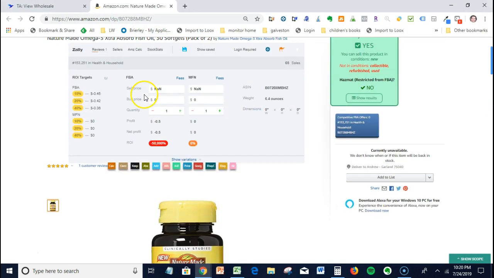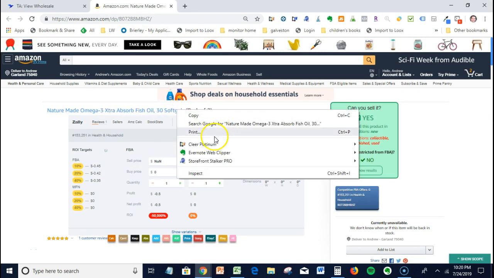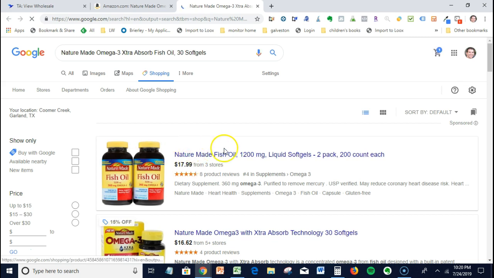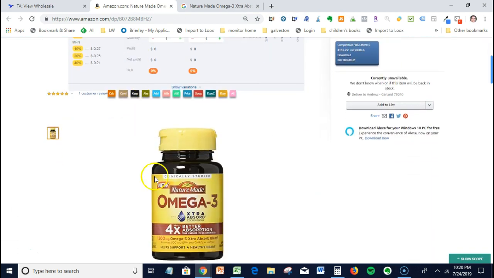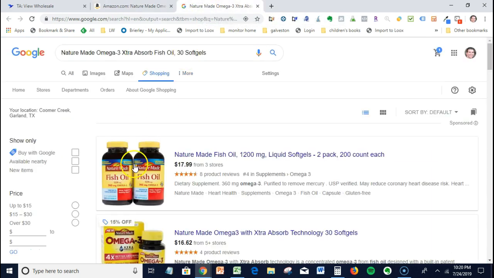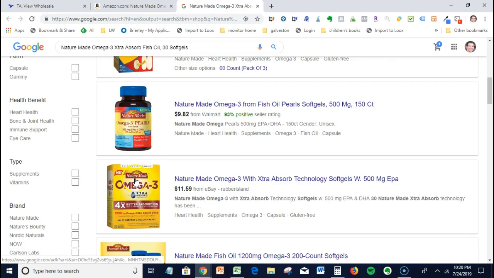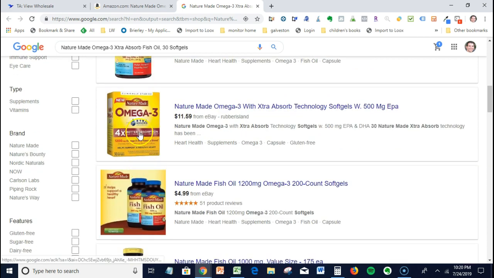Let's take a look and see. Nature Made fish oil. Okay, pack of two. Let's just see. So pack of two, omega-3, 4 times. Let's see, Nature Made, omega-3.